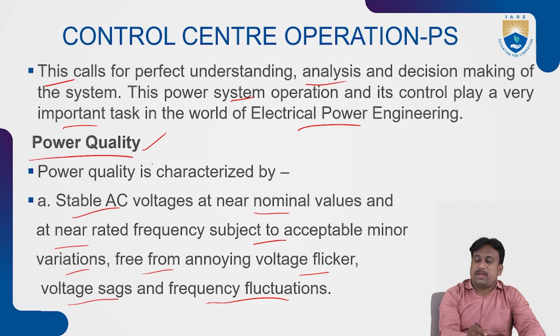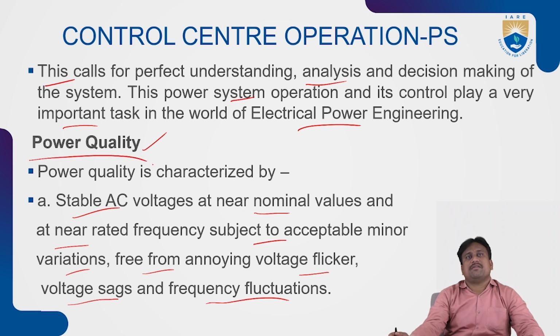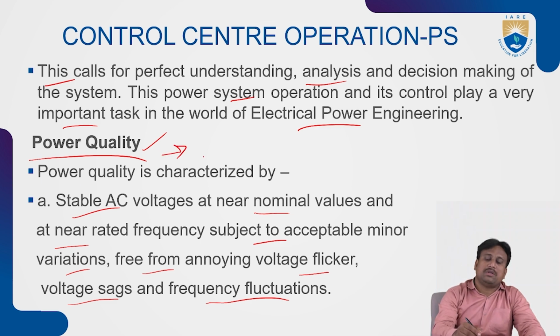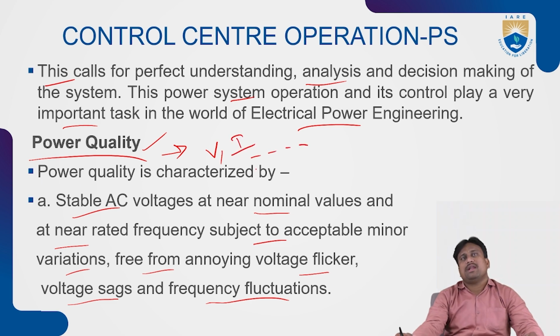The main parameter, power quality, determines the fitness of electric power, fitness in voltage and fitness in current. That fitness allows the entire power system network to operate smoothly. Fluctuations or flickers in voltage, sag in voltage, and swell in voltage are the parameters mostly influencing the power quality aspect.